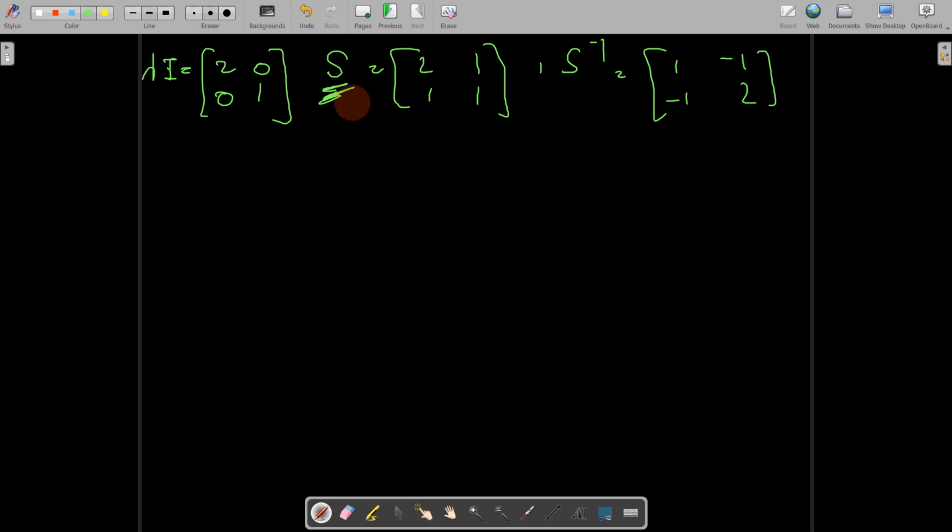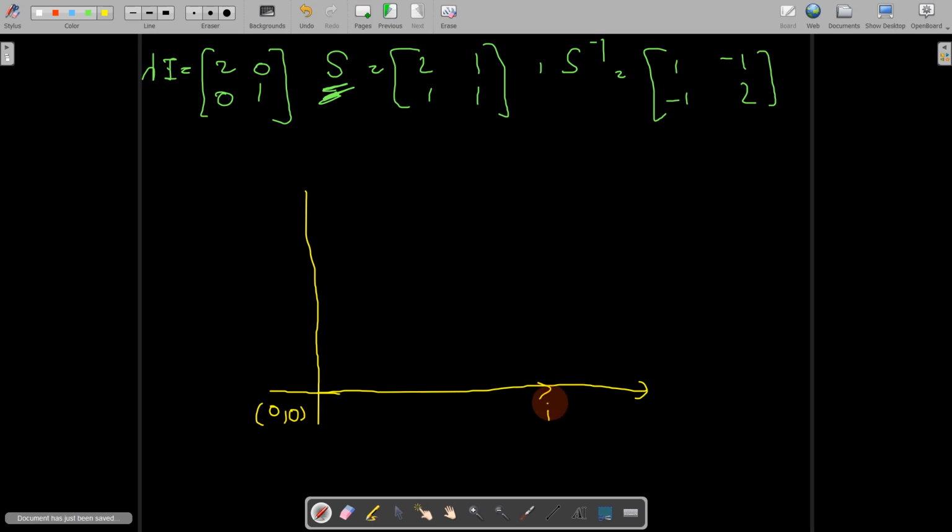First we understand that. Suppose this is yellow. With yellow I am representing the original coordinate system. This is your reference point, the origin. This is your i cap direction, the original i cap direction, and let the vector along the i cap be 1 0.